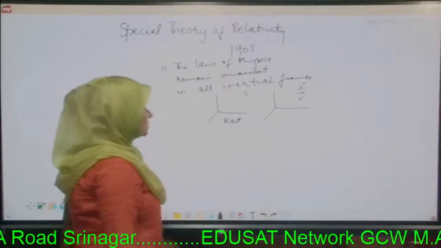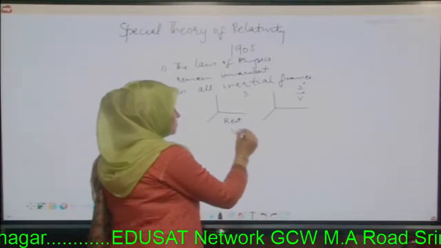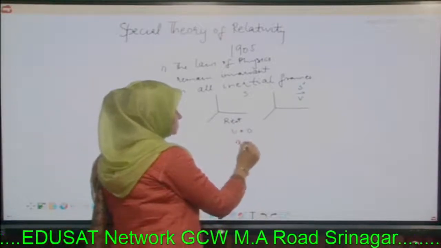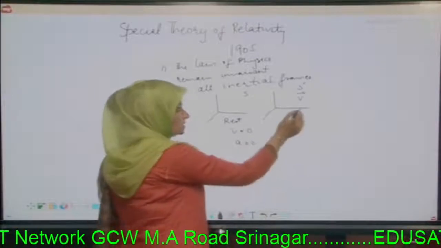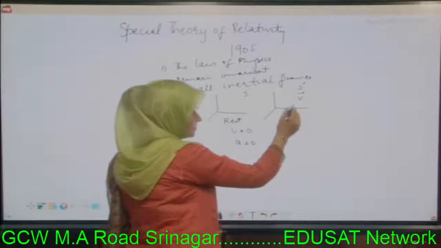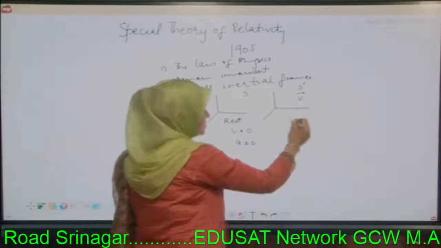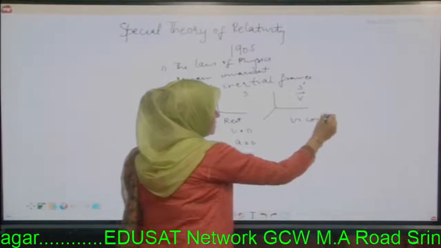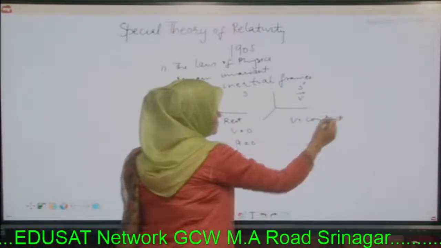Since this frame is at rest, its velocity is 0, consequently the acceleration is also 0. And since this inertial frame of reference possesses a uniform motion, its velocity is constant. Consequently, the acceleration is again 0.